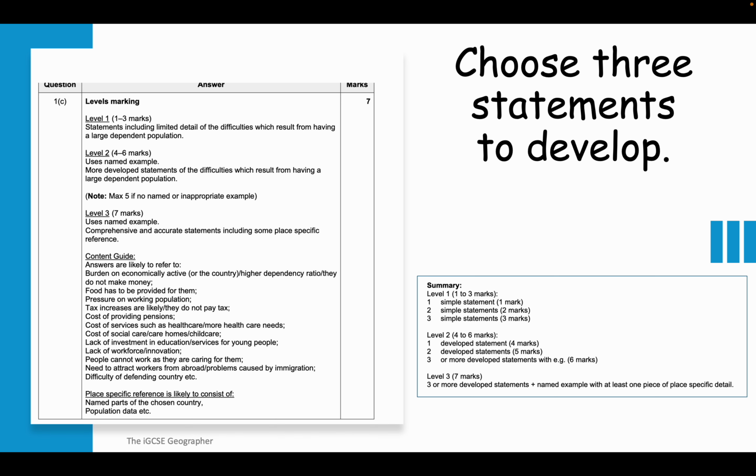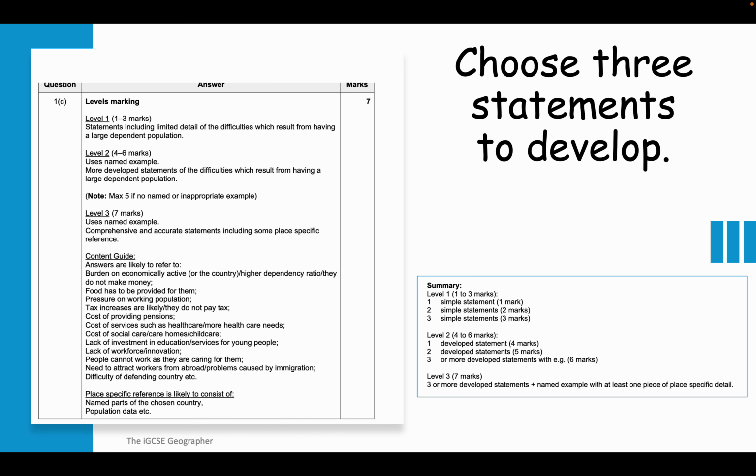Okay, as always, we need 3 or more developed statements. So we've got the place-specific information. So we've got Sardinia, we've got its dependency ratio, we've got some general population data. However, that alone, as you know, in my previous videos, as I keep mentioning, is not enough to get level 3. We need the fundamentals or the foundation first.